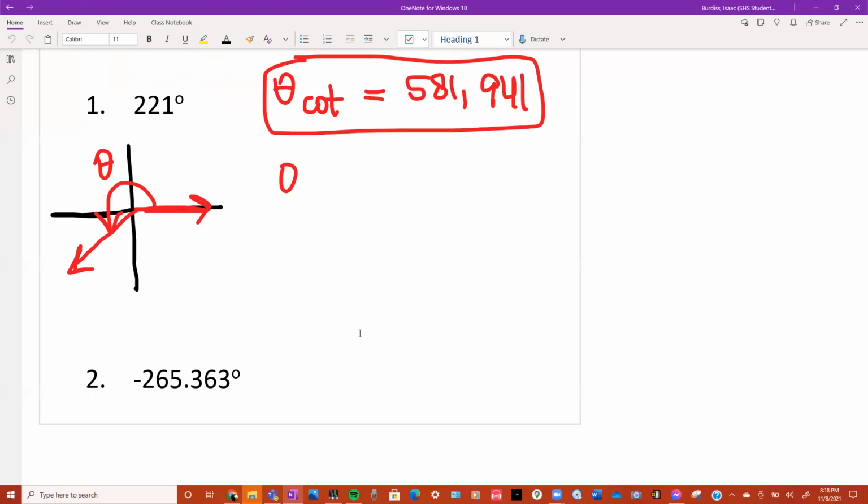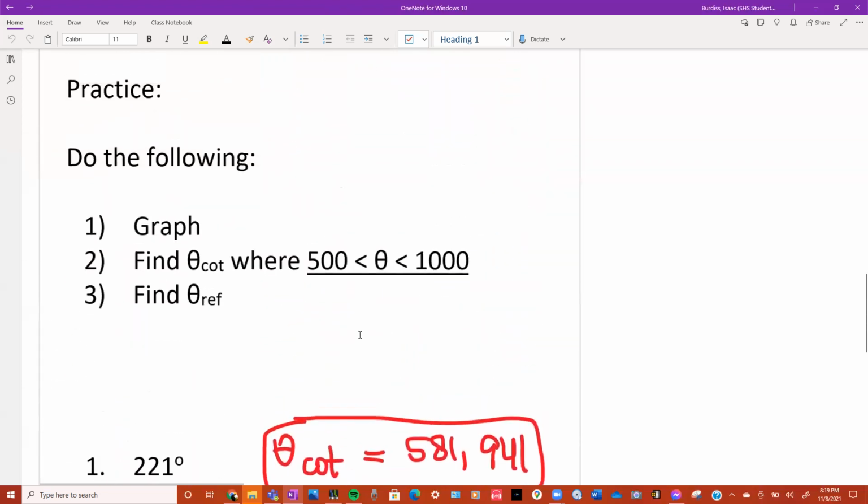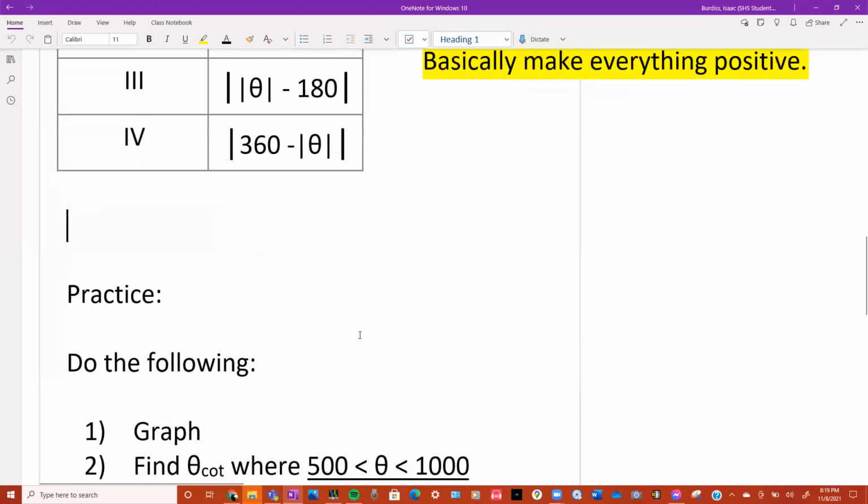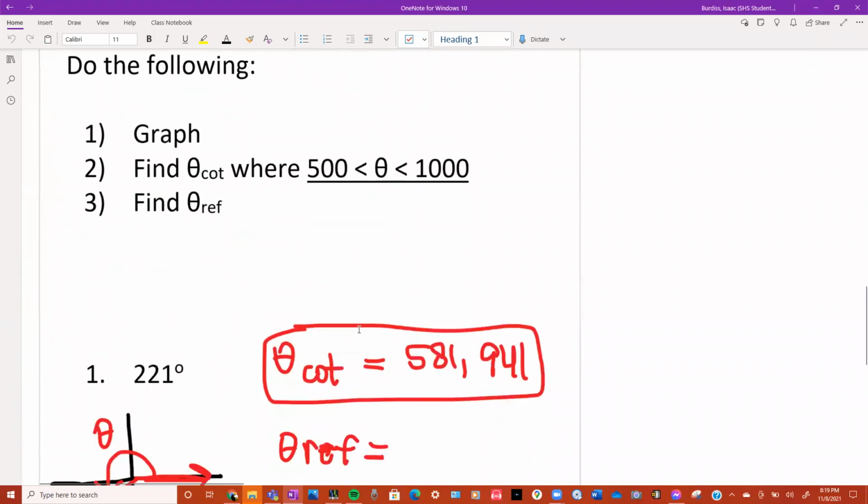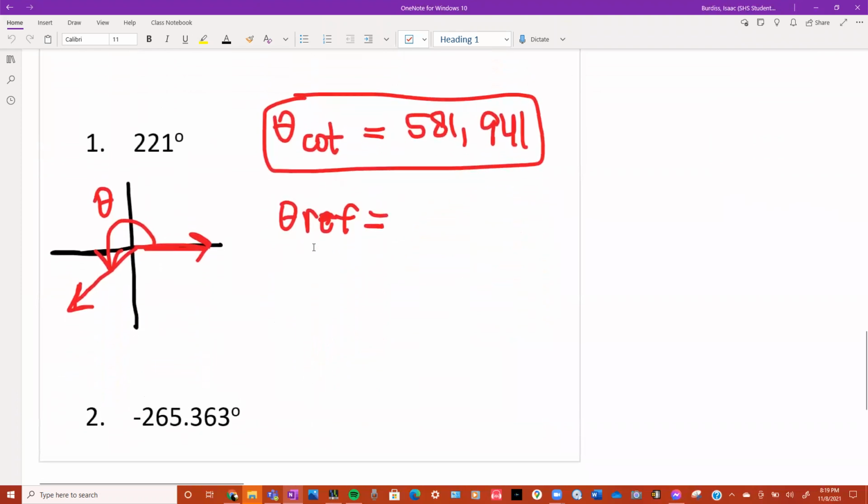Now the reference angle. Where is your terminal side? It is in quadrant 1, 2. Okay, that's not working. I'm trying to draw the quadrants, but of course it's delayed. It's in 3. So we look up here, we have to do angle minus 180, but it has to be positive.